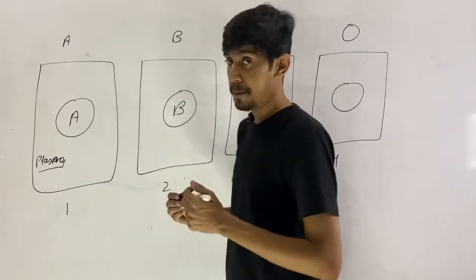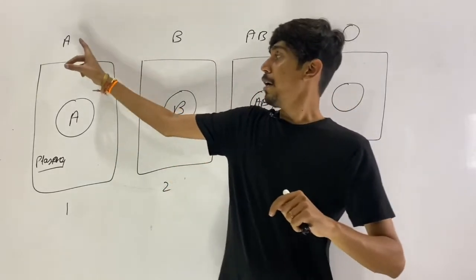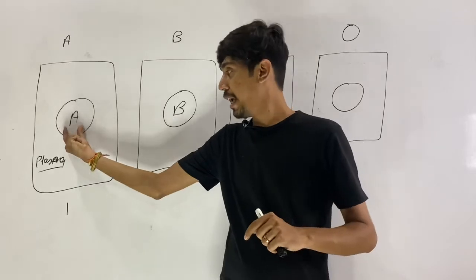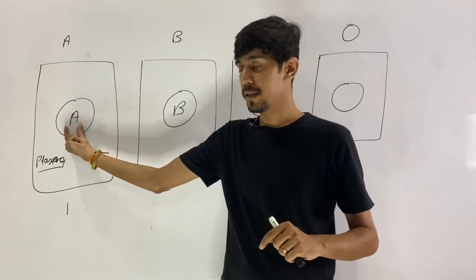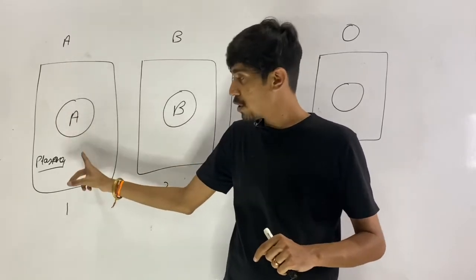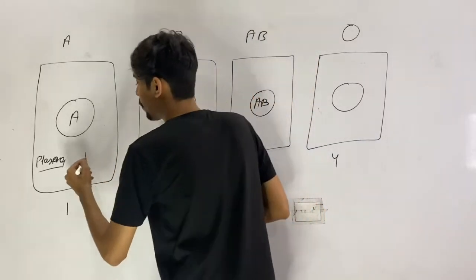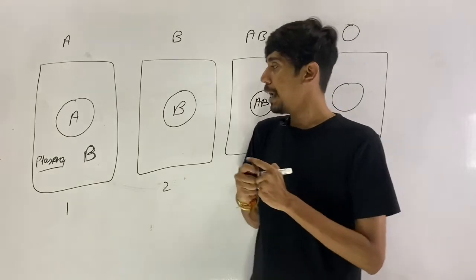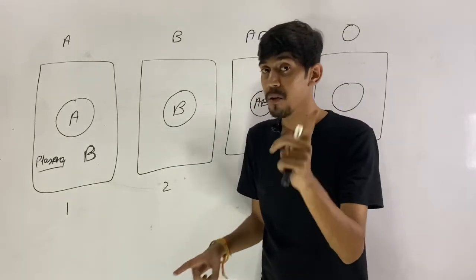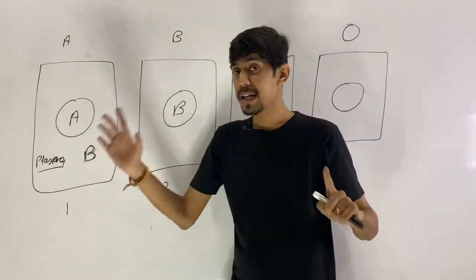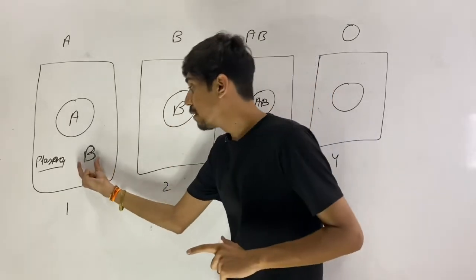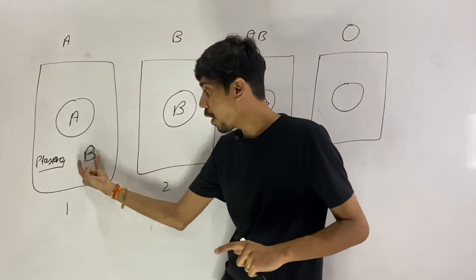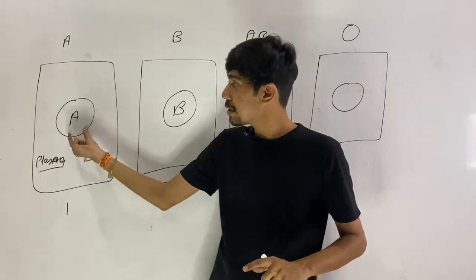And see here, if this individual has antigen A on the surface of its RBC, the antibody present will be B. It cannot be A. Why can it not be A? Because as I already told you, these antibodies fight against the antigens.